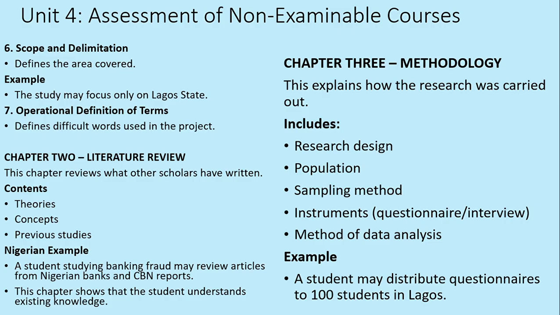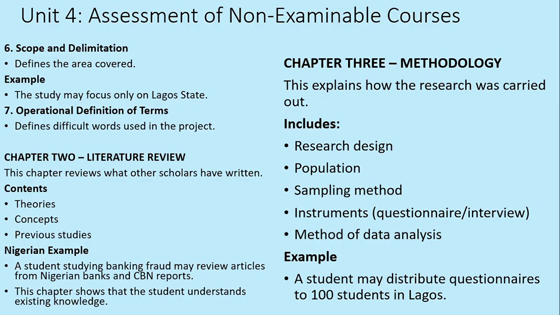So you need to extract their definitions and theories, combine them together, pick the one that makes sense and relates to what you are talking about, and review them. Then for the concept also, you do the same. So that is for the literature review.